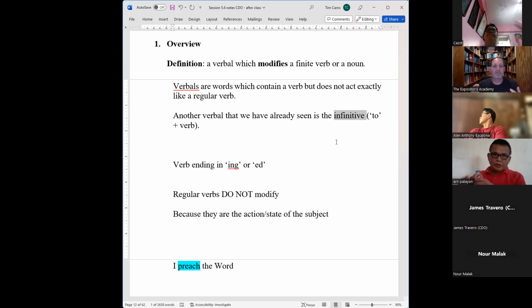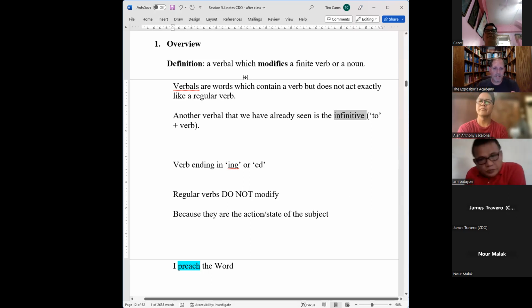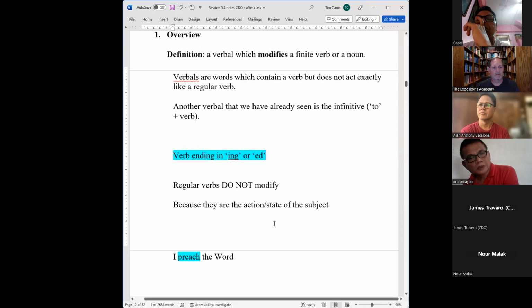It's an infinitive. It's a verbal. It has a verb in it. It looks like a verb, but it doesn't act like a verb. Same with participles. They look like a verb, but they don't act like a verb fully. They may have some verbal aspects to them. And this is what makes it hard, because it can look like a regular verb because it ends in ing or ed.